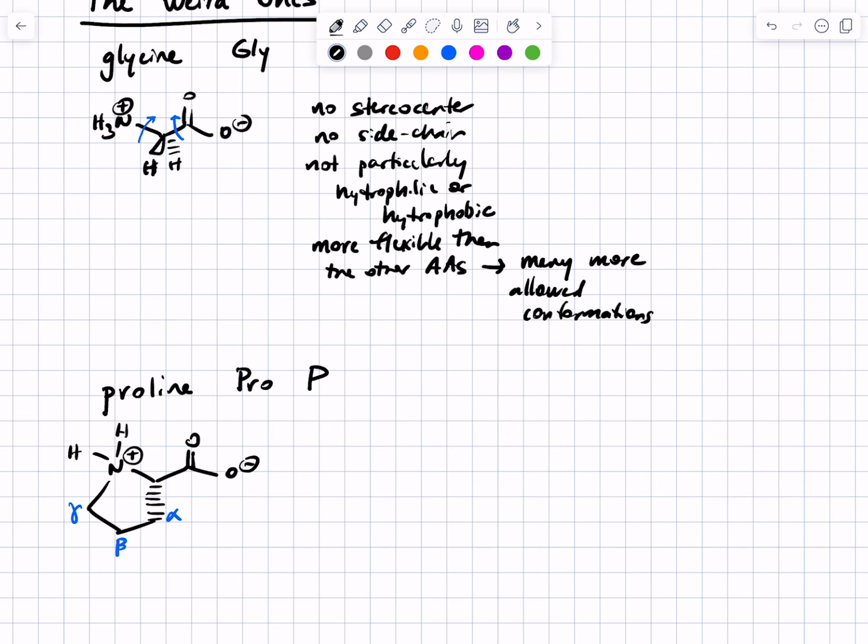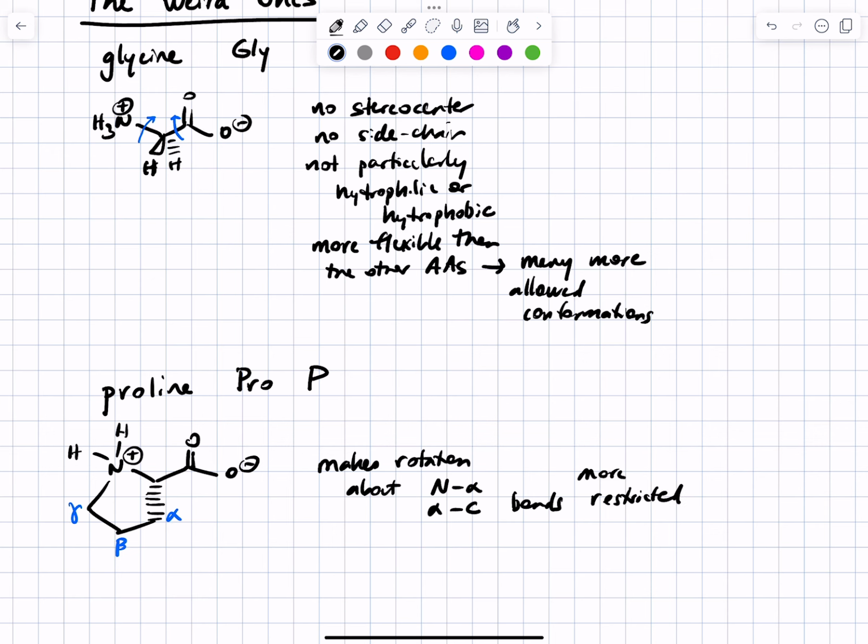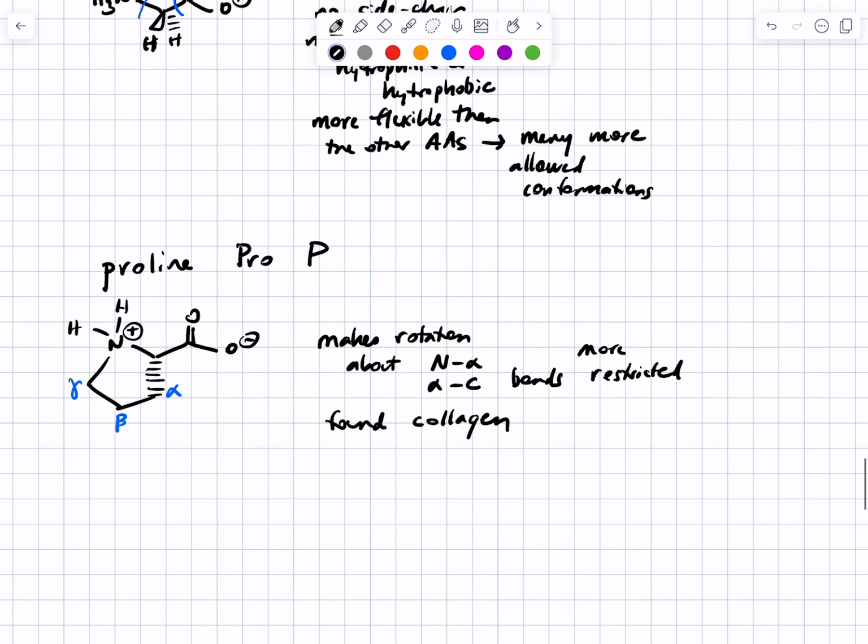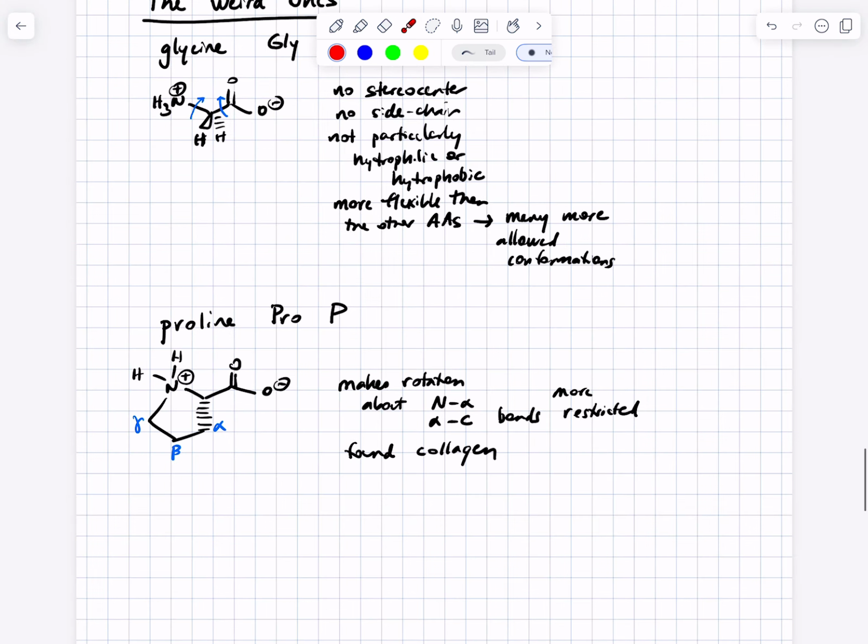Proline's got a 5-membered ring, which actually makes rotation about the N to alpha and alpha to C bonds in the backbone restricted, or more restricted than would otherwise be. Proline is found in a lot of places, but especially found in collagen. And proline in collagen actually gets modified with an OH group on one of these to form hydroxyproline. You may have heard of proline in collagen peptides before.